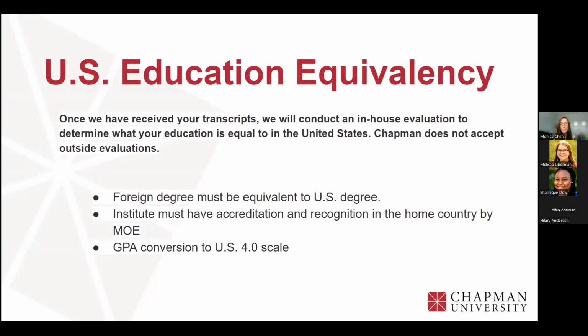We're using, again, our in-house evaluation guidelines. And so every person from your home country is being graded on that same scale for the conversion rate. So we do look for consistency across our applicants and across nations to make sure that everyone is looked at on the same rubric for that 4.0 scale. Now, of course, we differ country to country, but we're being very consistent.